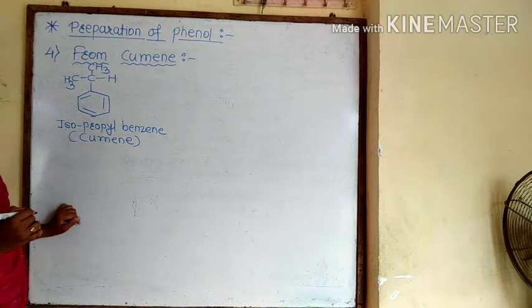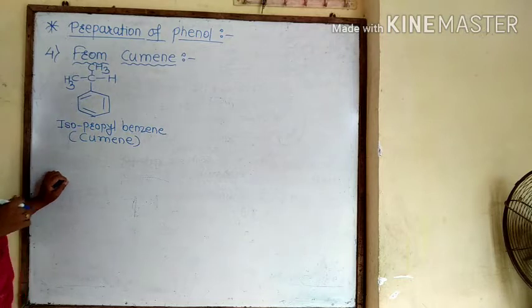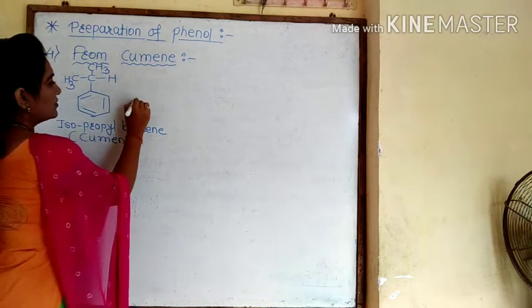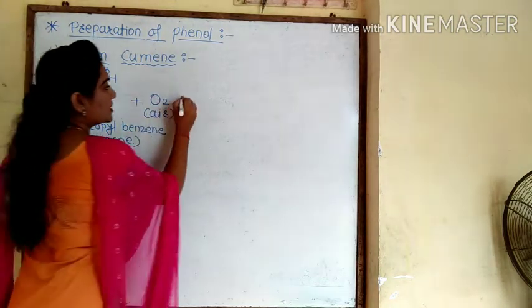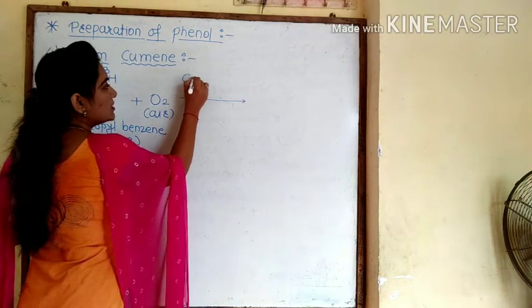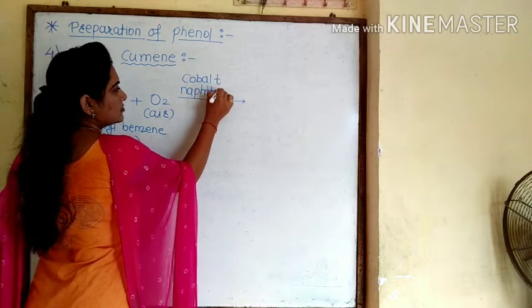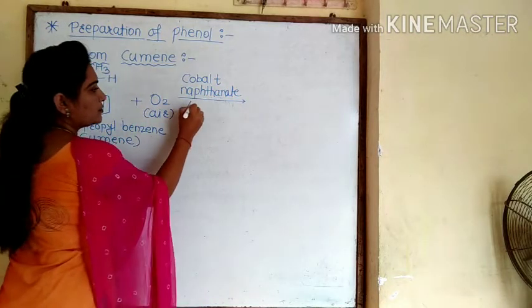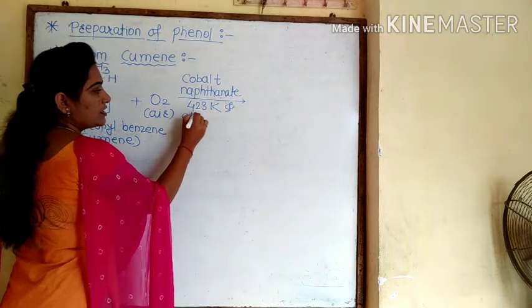When this isopropyl benzene reacts with oxygen, that is oxygen from air or from the atmosphere, in presence of cobalt naphthenate, here when it reacts with oxygen, O2 is taken from the air in presence of cobalt naphthenate, at 423 Kelvin temperature and in alkaline medium.